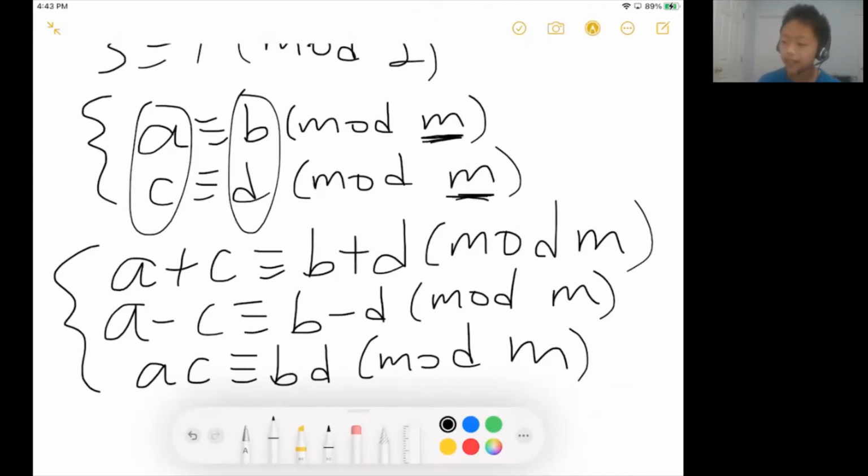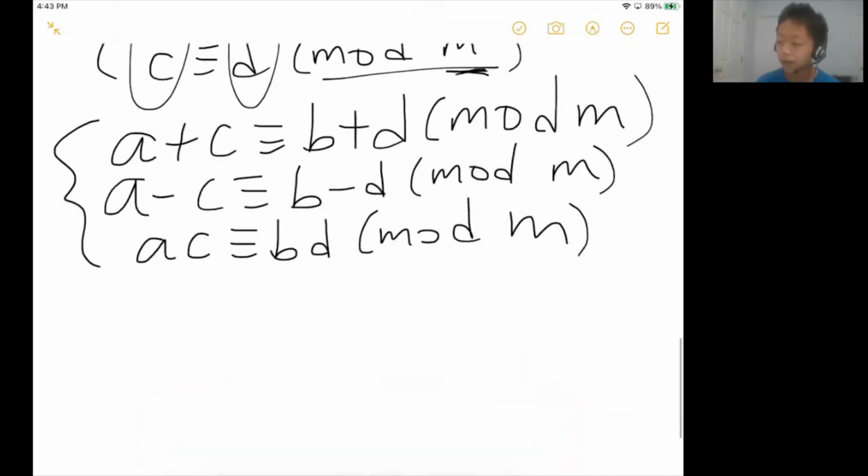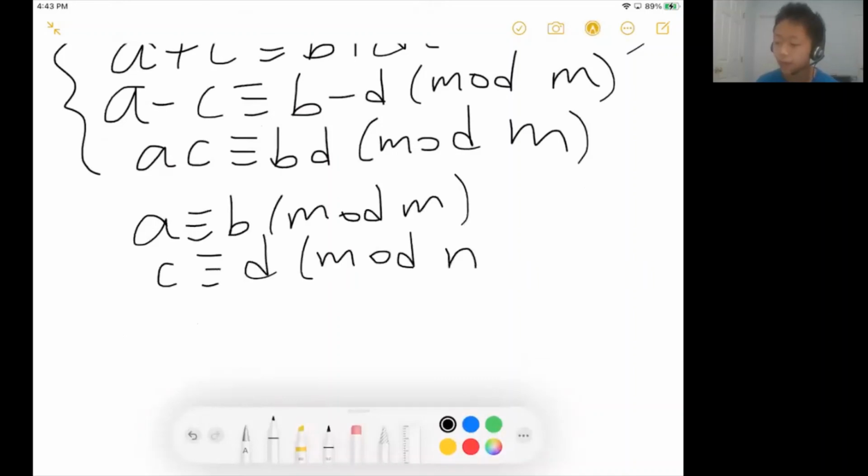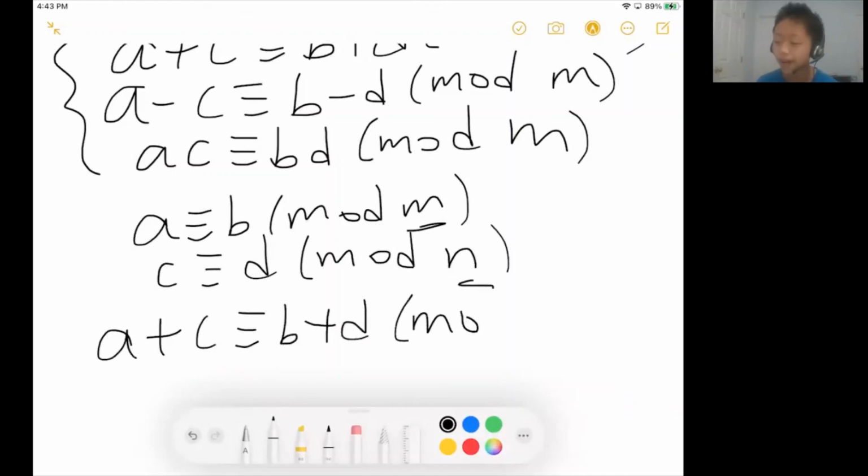If I said A is congruent to B mod M and C is congruent to D mod N, for example, just a different variable, then I cannot do this addition. These properties only work if the things listed inside the parentheses after mod are the same. For example, I cannot say A plus C is congruent to B plus D mod, I don't know, M plus N. This is not a property.